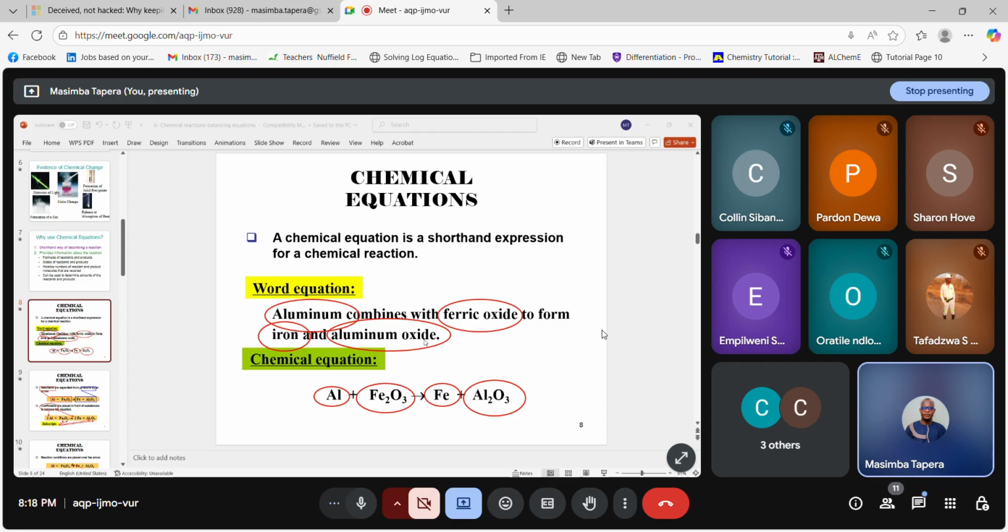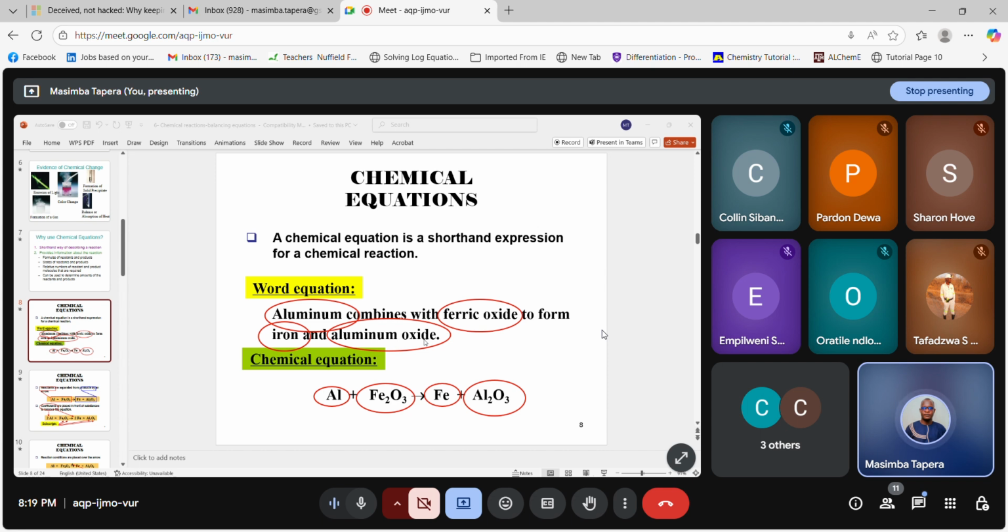Okay, here is a typical example of a chemical reaction. A chemical equation is a shorthand expression for a chemical reaction, and here we have a word equation which is actually tedious, very long, and cannot give you all the information.